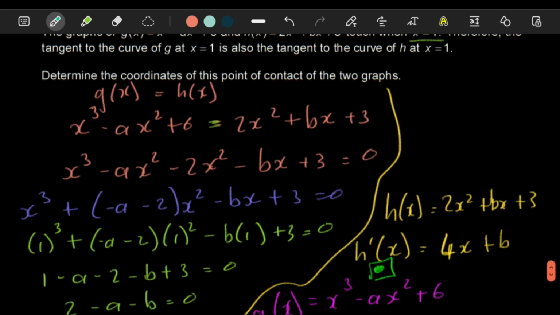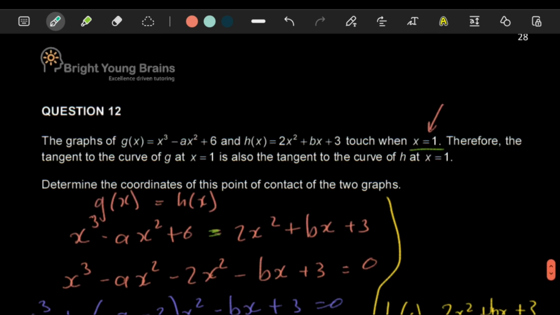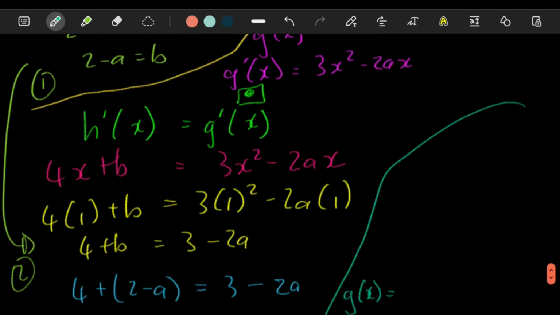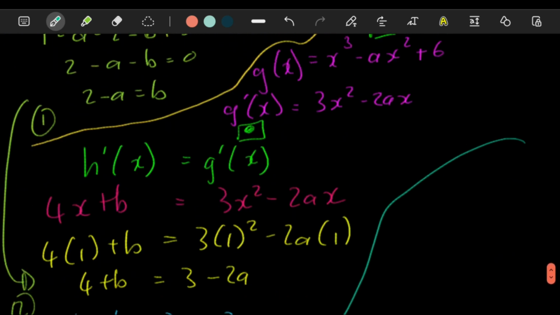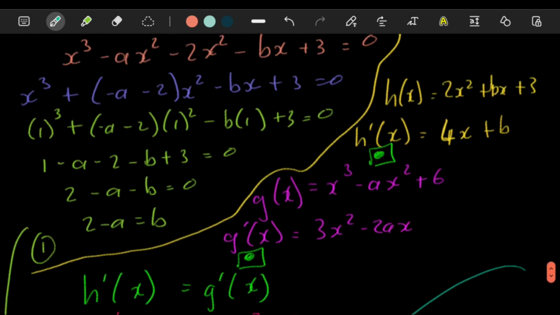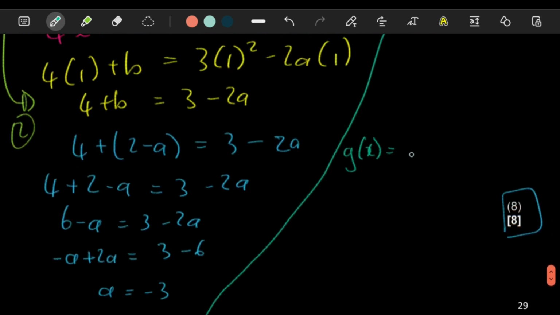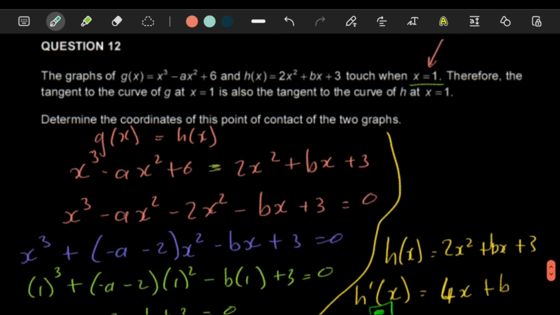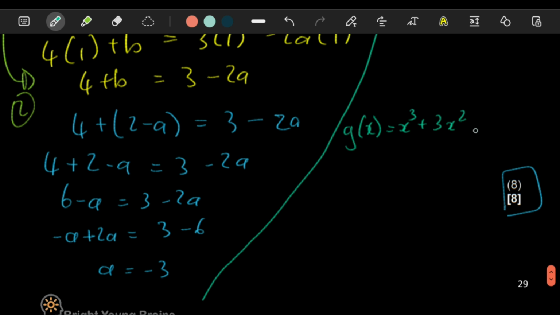You see, the graph of g now, by default, is equal to x cubed minus, no, it's going to be x cubed plus 3x squared, because a minus and a minus gives you a plus, and then you have plus 6 over there.